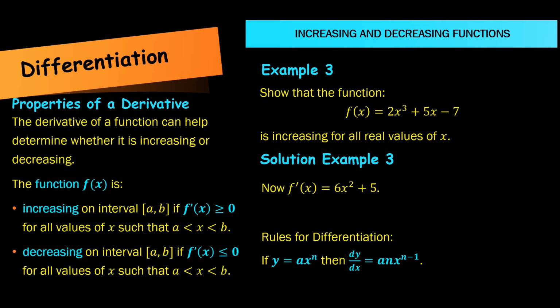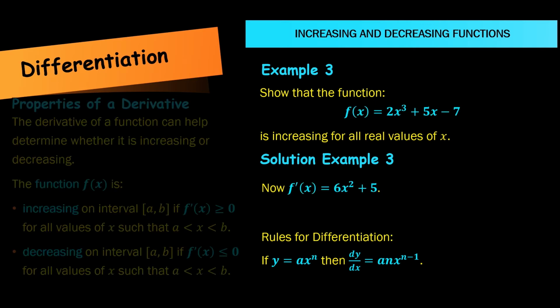If you've forgotten how to differentiate, note the rules for differentiation towards the bottom of your screen. 2x^3 differentiated becomes 6x^2, applying this rule. And 5x differentiated becomes 5. And of course the -7 is going to be 0 when differentiated because it's a constant.